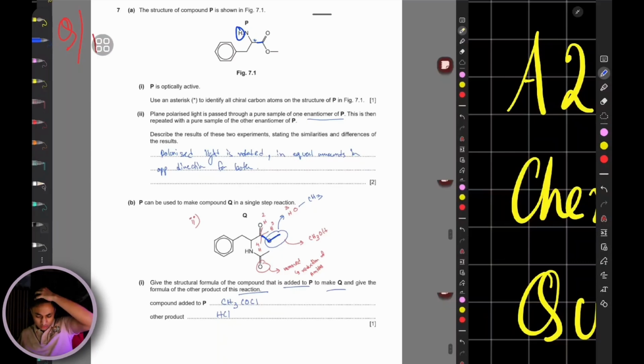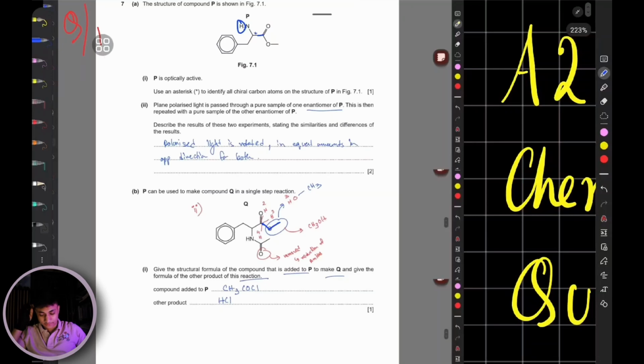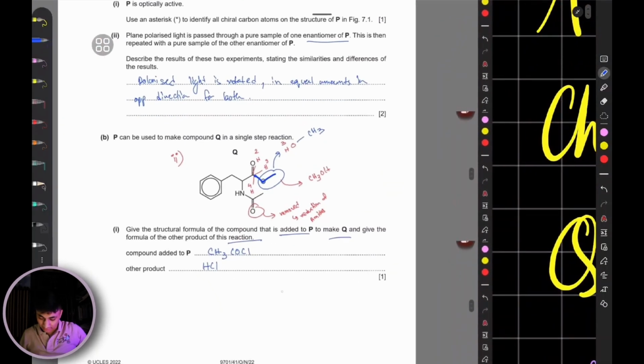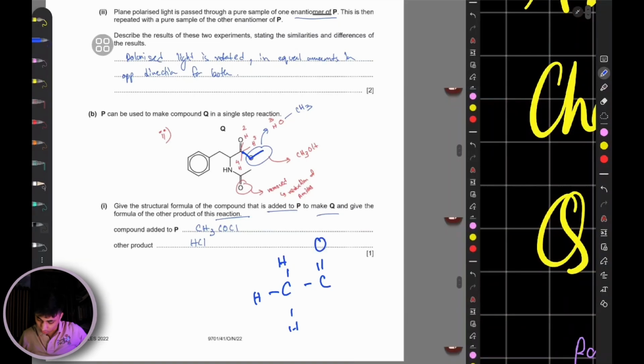Fair enough. So give the structural formula of the compound that is added to P to make Q, and give the formula of the other product of this reaction. So what has been added over here? We have added CH3, or if I break it down, CH3C double bonded to O, Cl.